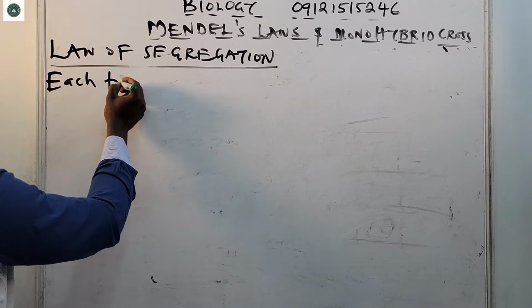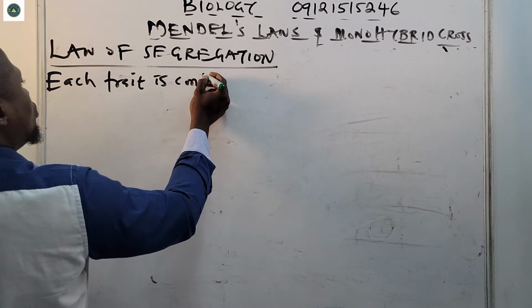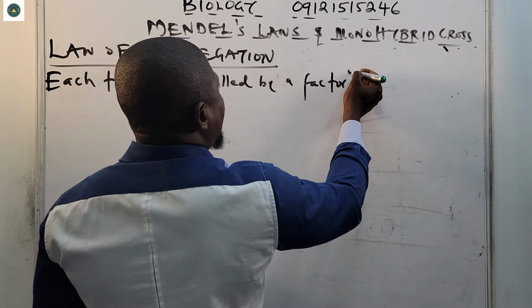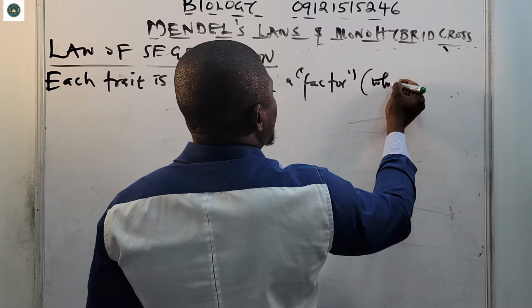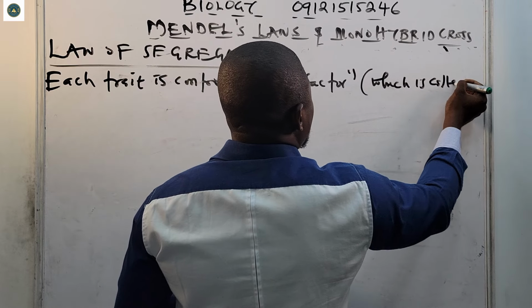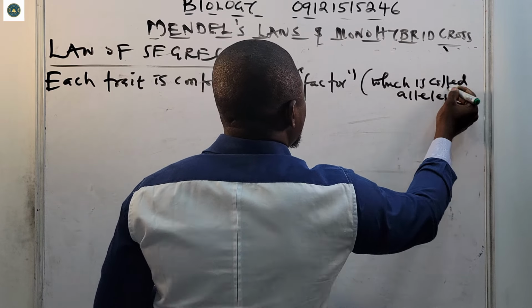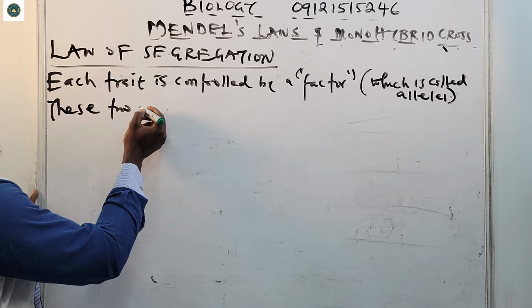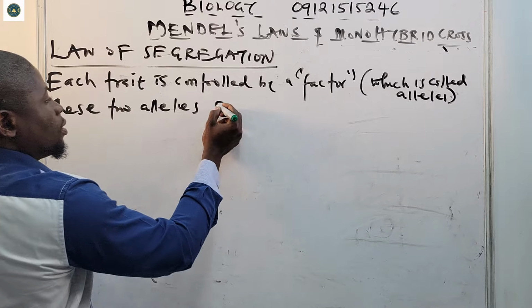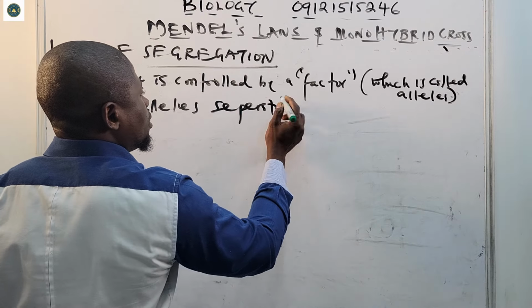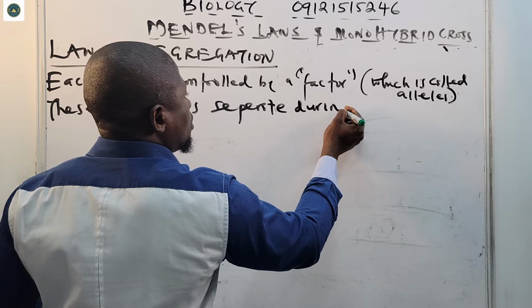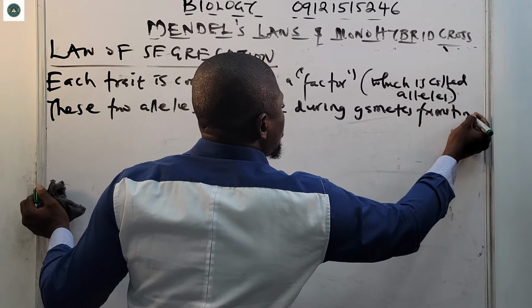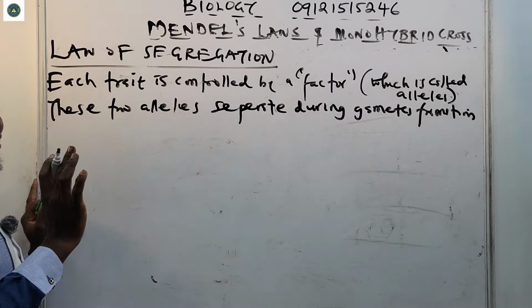Each trait is controlled by a factor, which is called what?